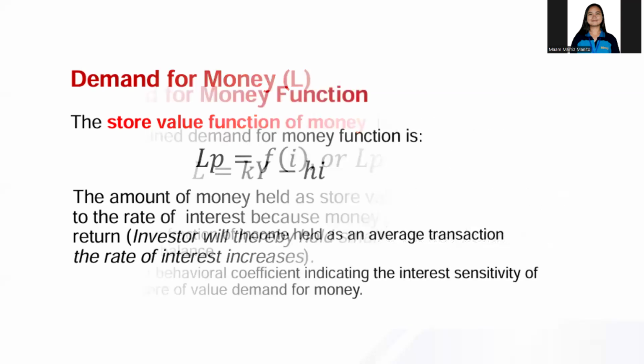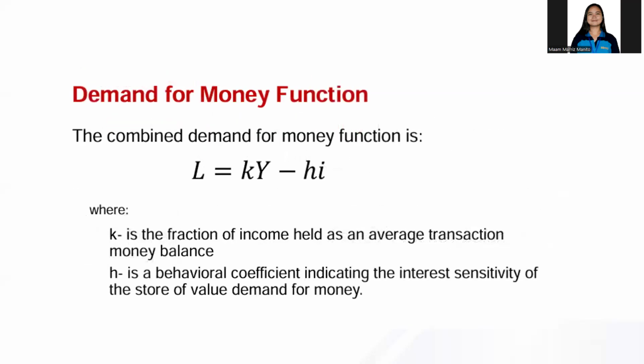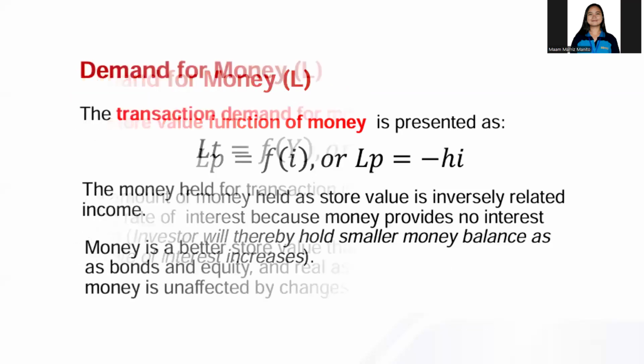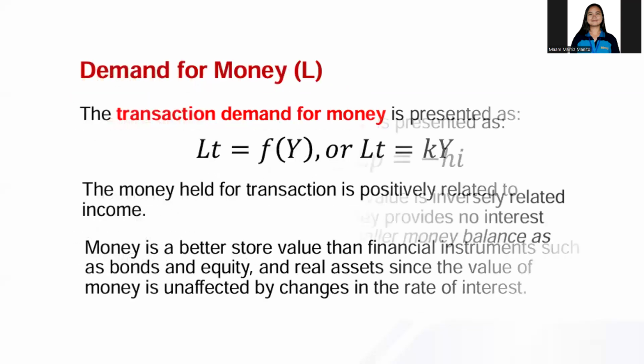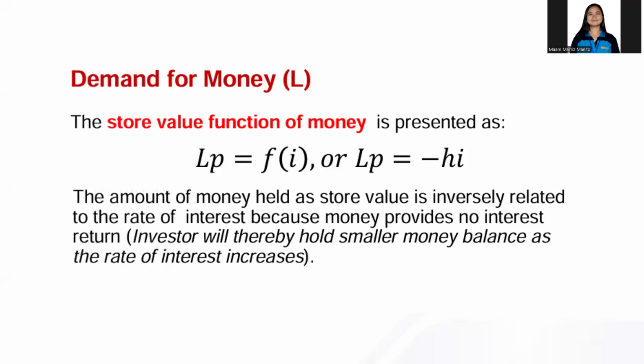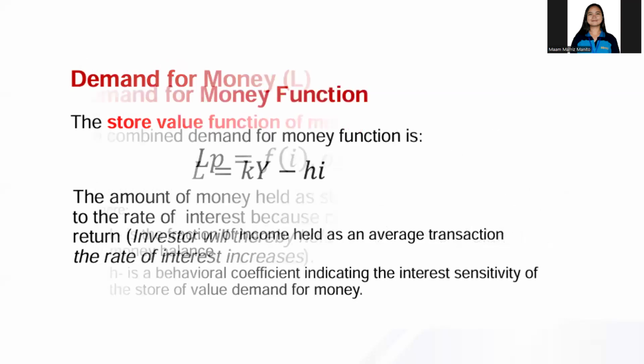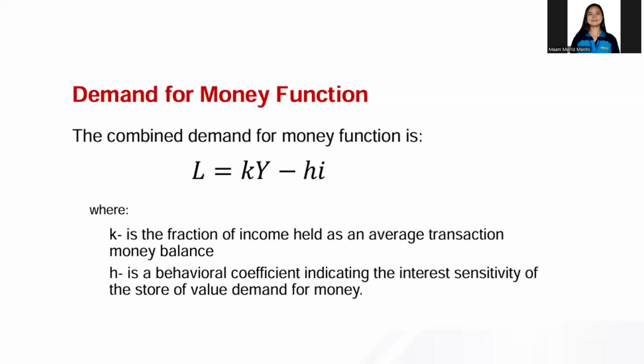So there's a different functions for money. It can be transacted and used to buy goods and services, and it can also be stored. So now, the demand for money function, the combined demand for money function is L is equals to KY minus HI.